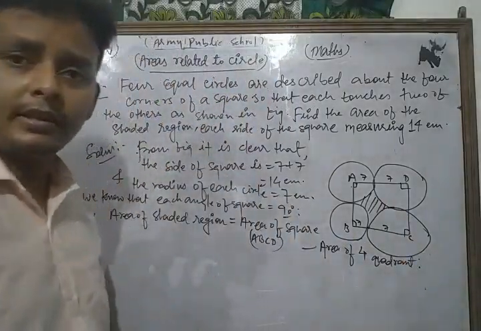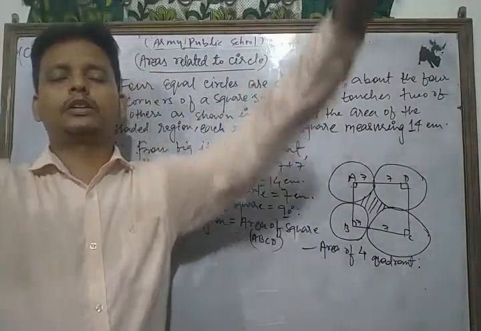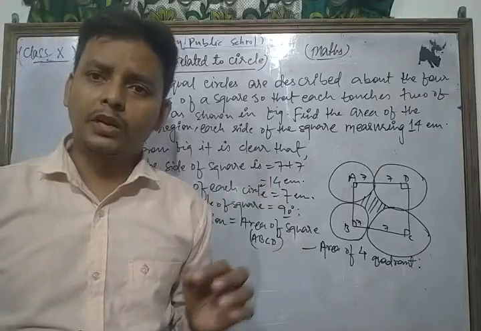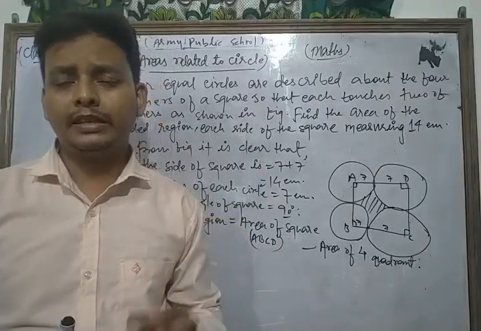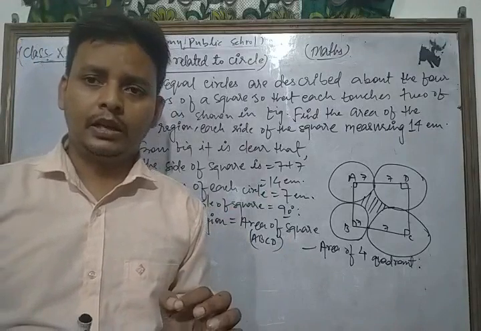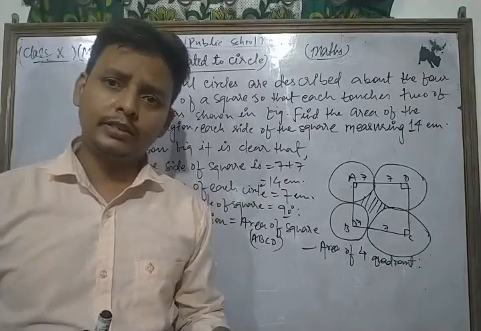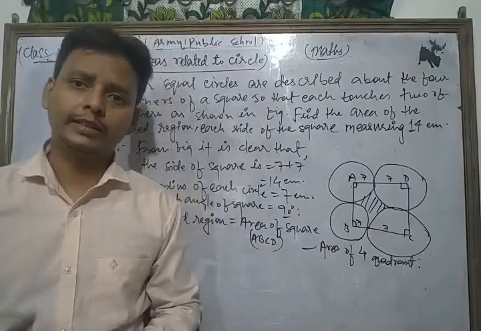And what is the quadrant? That topic was always discussed in previous classes. Dear friends, we already discussed that 1/4 part of the circle is called a quadrant, and area of circle is pi r square. So area of quadrant will be pi r square by 4, because it is 1/4 part of that.